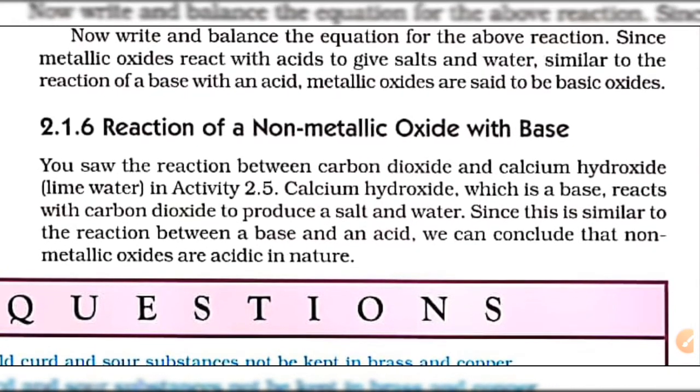This calcium hydroxide, which is a base, can react with carbon dioxide to produce salt and water. This reaction is similar to the reaction between base and acid, so we can conclude that non-metallic oxides are acidic in nature.